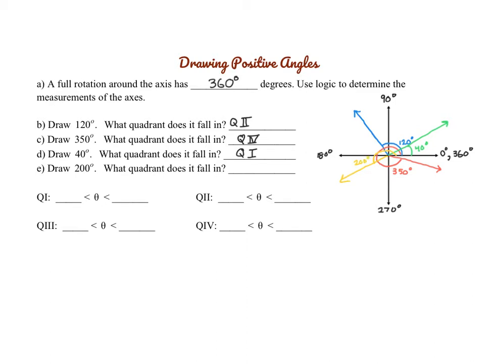There you go. And again, this is in quadrant 3. So we can see that quadrant 1 is anything between 0 degrees and 90 degrees. Quadrant 2 is between 90 degrees and 180 degrees. Quadrant 3 is between 180 and 270 degrees. And quadrant 4 is between 270 and 360.